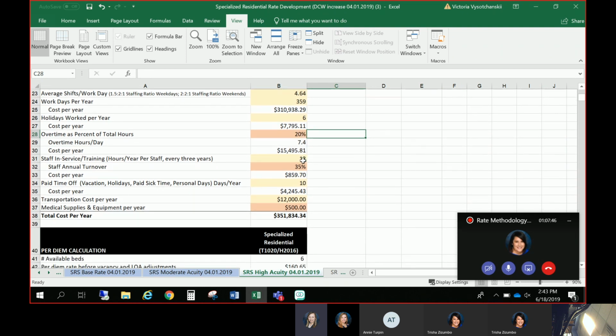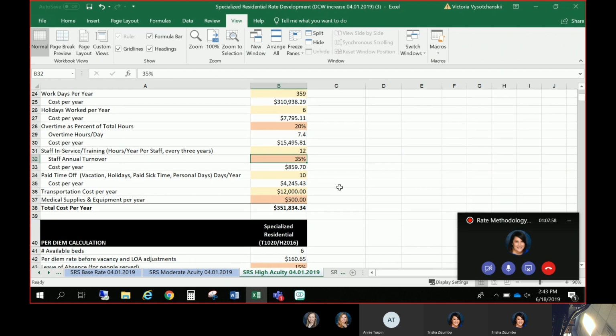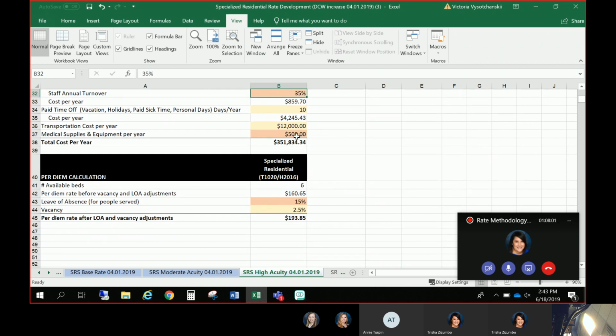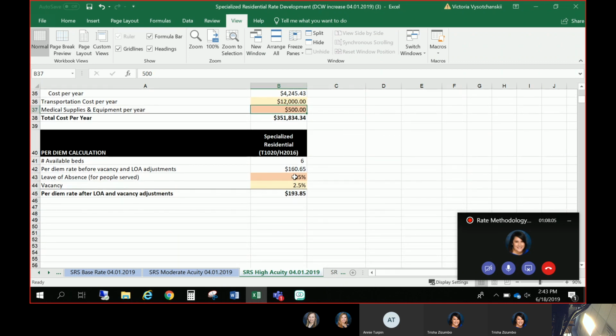We also understand that staff turnover tends to increase in homes where there are individuals with higher needs. The adjustment had been increased from 3% to 5% to 15% for an individual with high acuity.